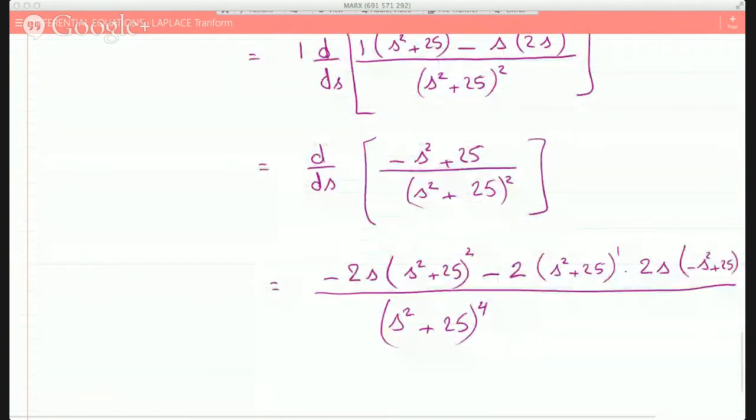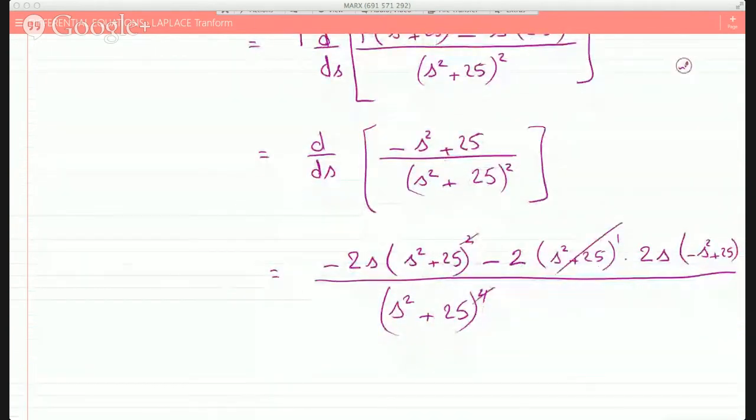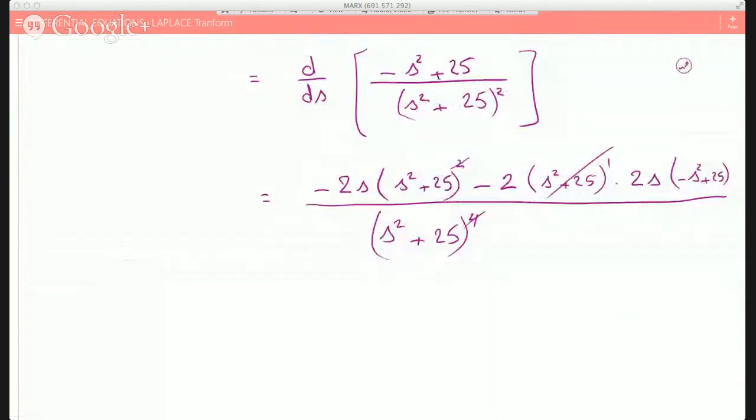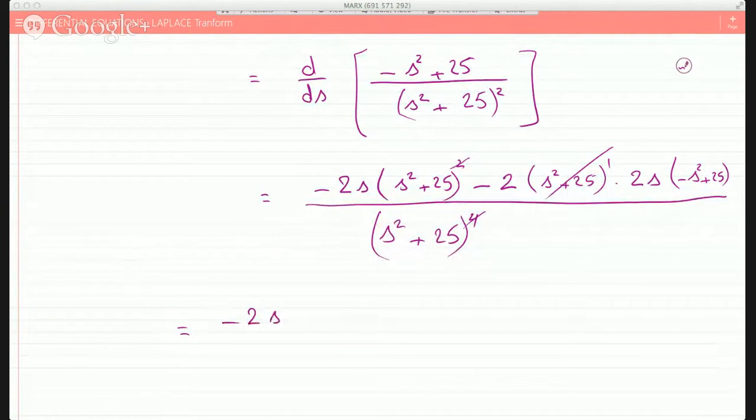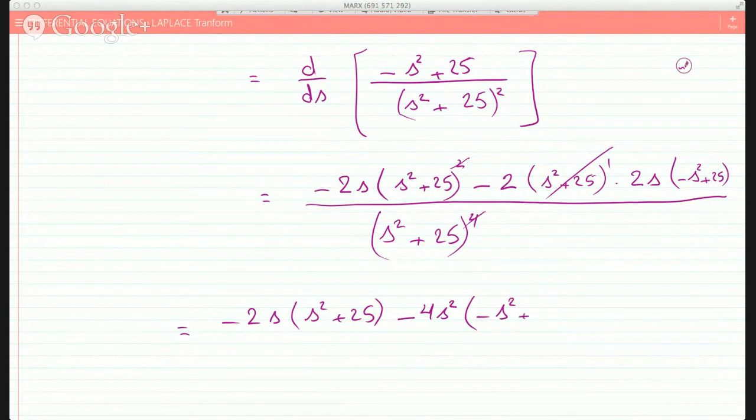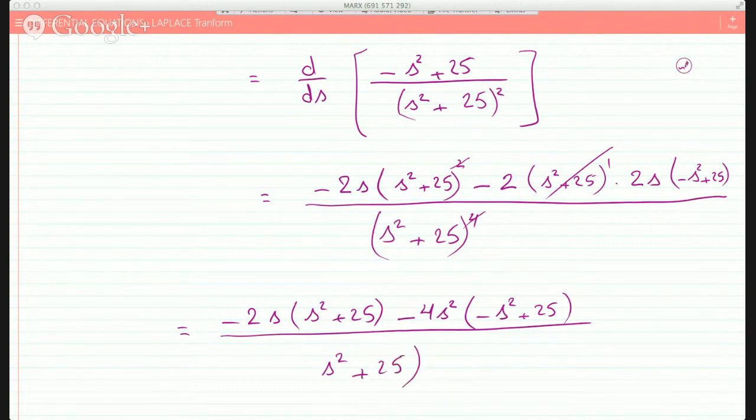I can cancel out one of these, right? So I would get minus 2s times s squared plus 25 minus 4s times minus s squared plus 25, all over s squared plus 25 cubed. We can simplify more than this, but you get the idea.